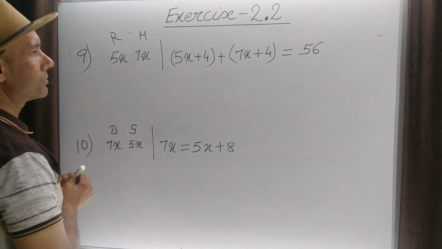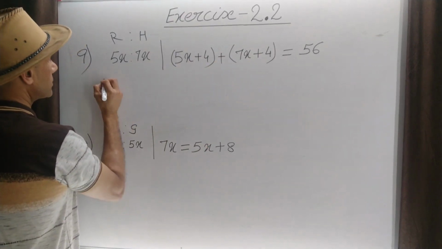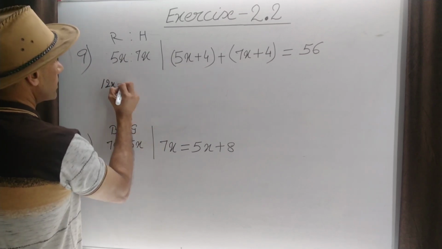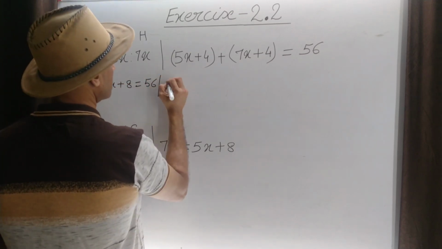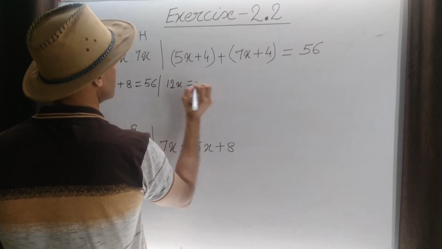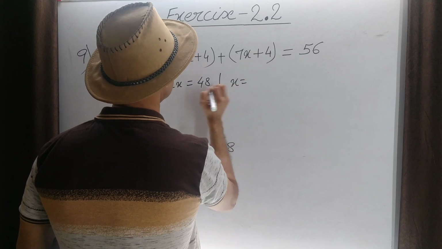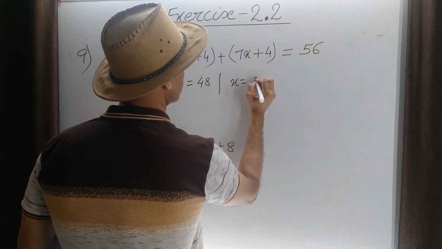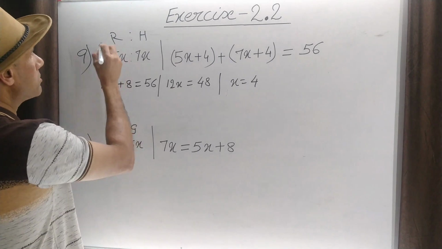Correct? So let's solve this equation. So you get 7 plus 5, that is 12x, plus 8 is equal to 56. That makes 12x is equal to 48 and x is equal to 48 divided by 12, that is 4. Understood? So what will be Rahul's present age?